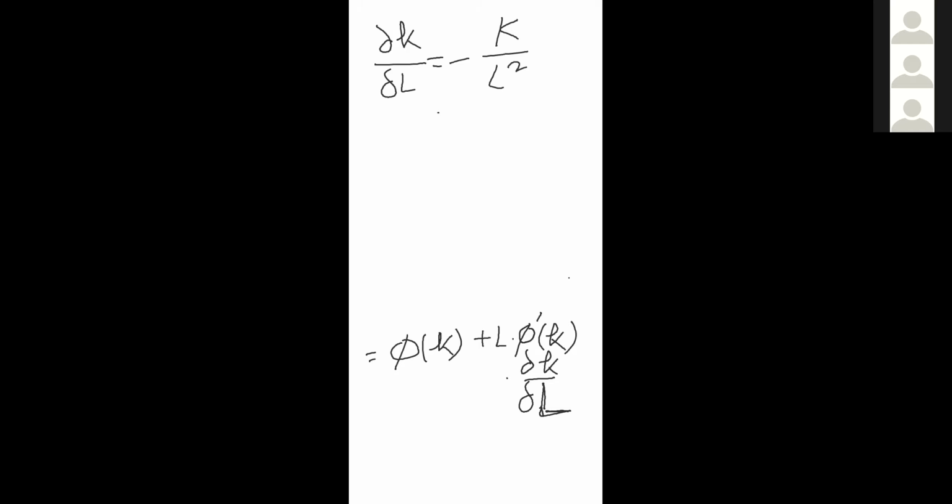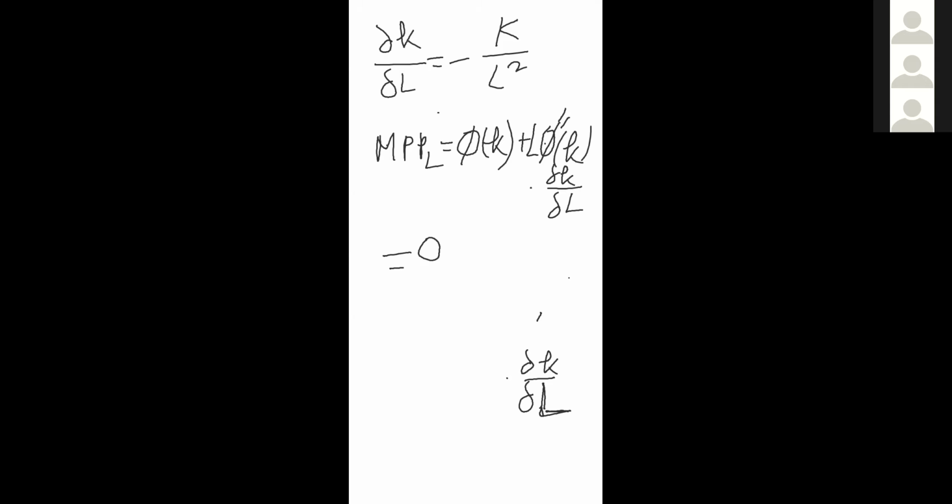So our marginal physical product of labor is phi of small k plus L into phi prime of small k into del small k divided by del L. Now put the value here.